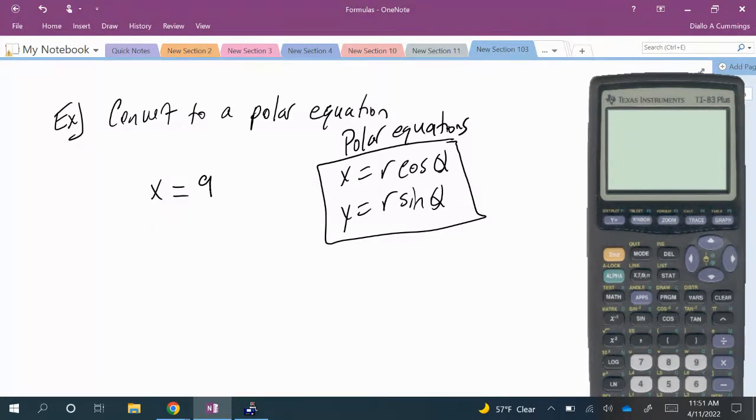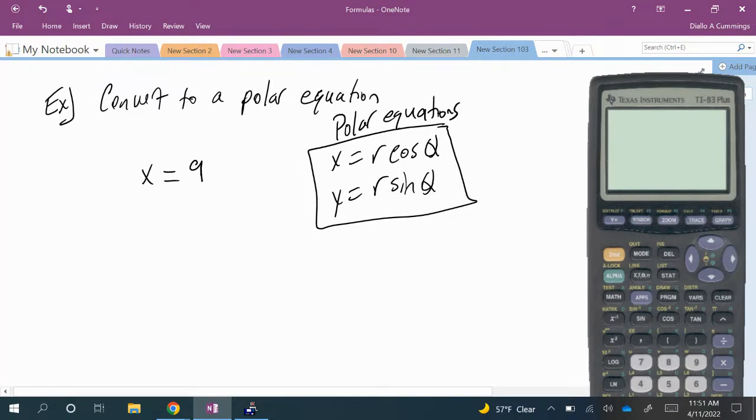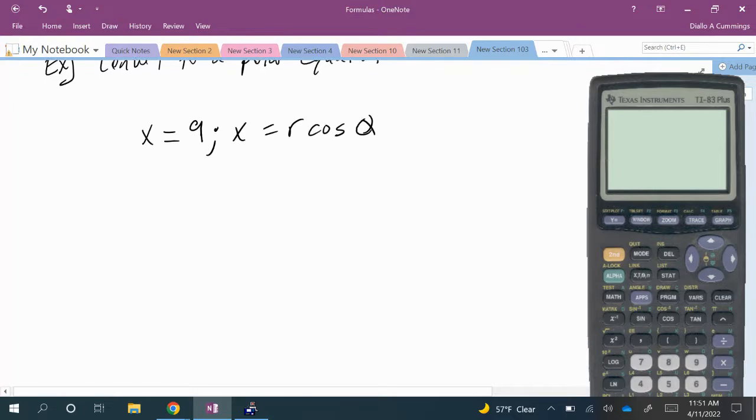So here's how it works. We have the equation x is equal to 9. I'm going to substitute x for r times the cosine of theta. So I'm going to write this as r times the cosine of theta is equal to 9. Next, I'm going to solve it for r.